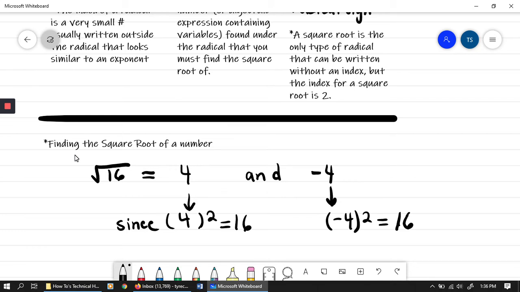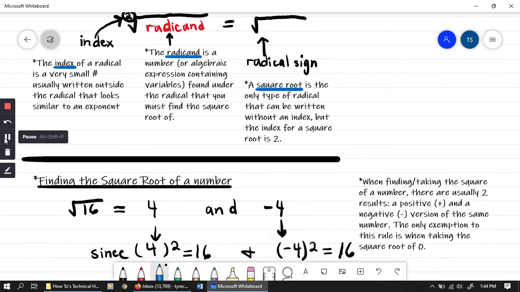So when you are finding the square root of a number, please remember that usually there will be 2 results: a positive version and a negative version of the same number.